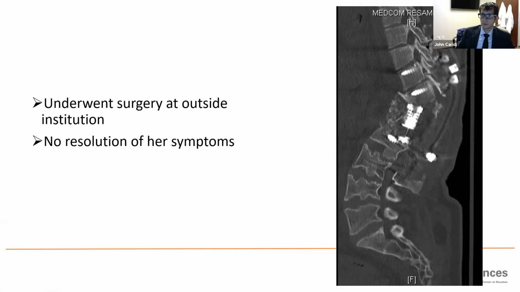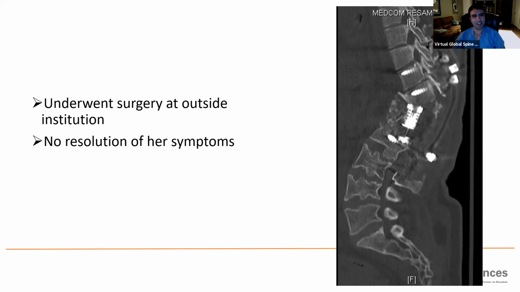So what do some people in the audience think of this? Anterior, posterior, lateral? What would you do, John? I'd buy this patient a plane ticket to Houston. No, I'm just kidding.